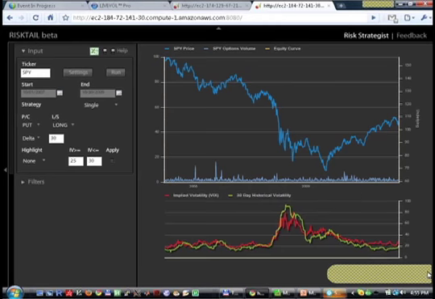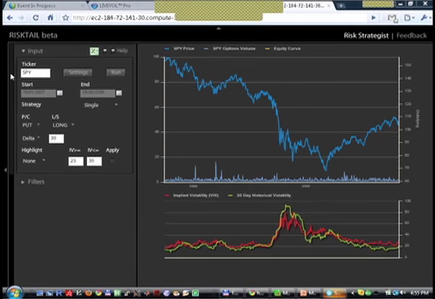All right, so I'm now going to try to run a simple strategy that will be basically selling iron condors on the SPY. And this is the Risktail beta platform that we're currently developing.